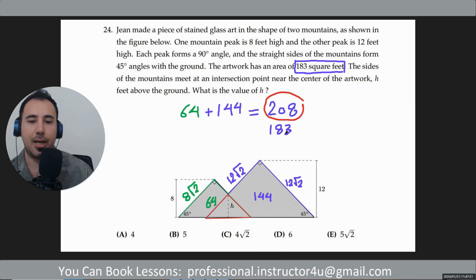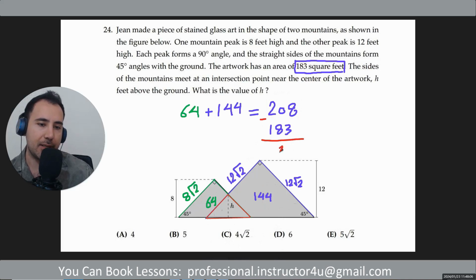So how do we find this area? It's very easy. If we subtract these two, we're going to get this. So what is 208 minus 183? It's going to be 25. So the red area here is 25, and we want H. That's very good.